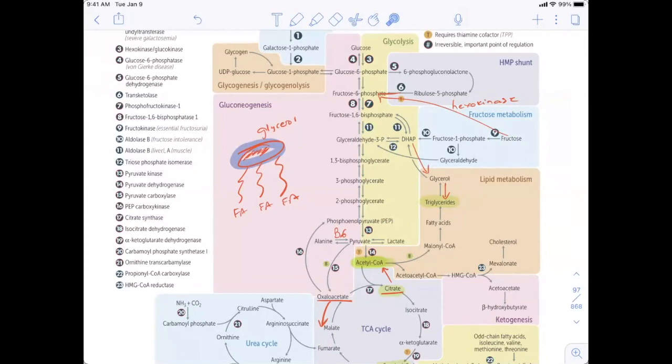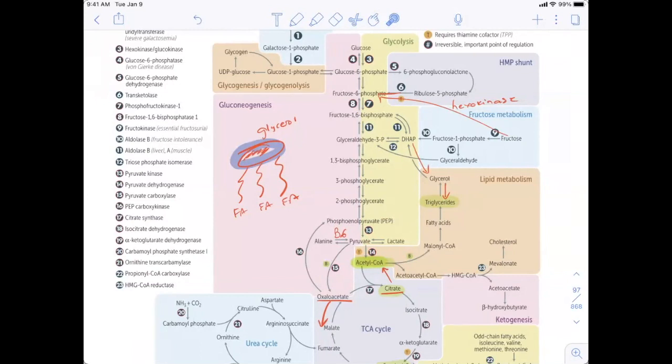You would notice that a bunch of these have arrows going backwards, but in this step, it's just a single arrow. There's nothing going backwards because you must remember this: pyruvate cannot just turn around and change back to PEP. It cannot.